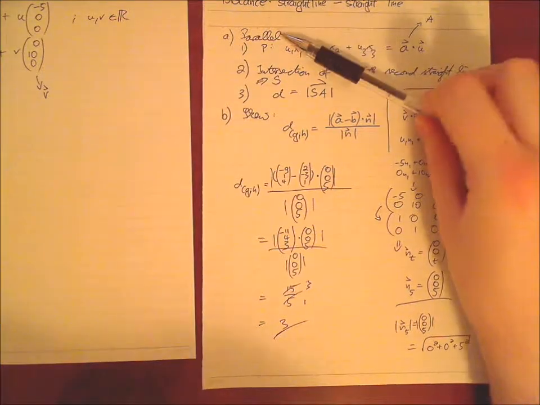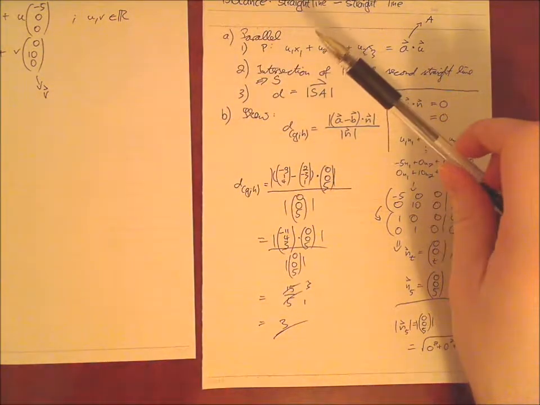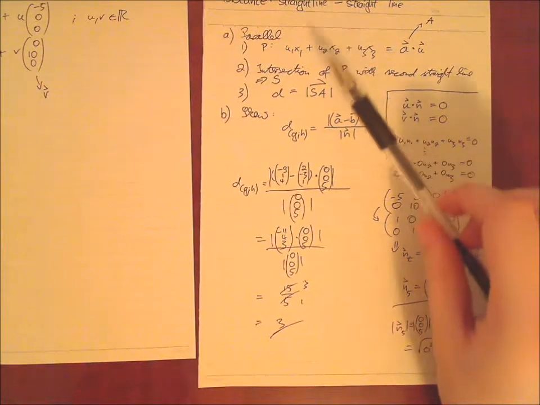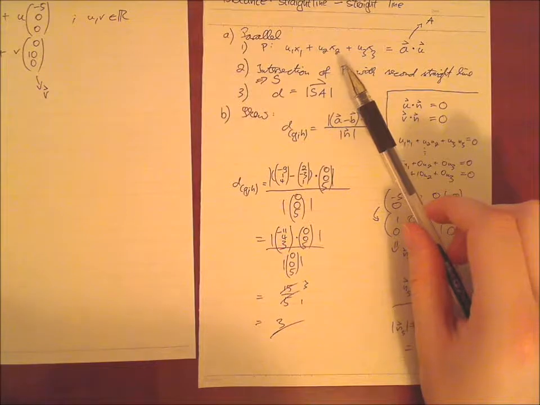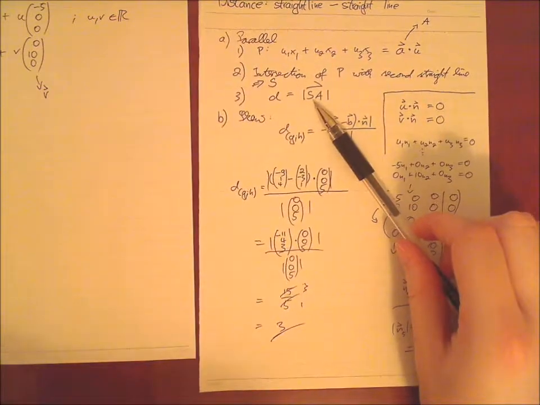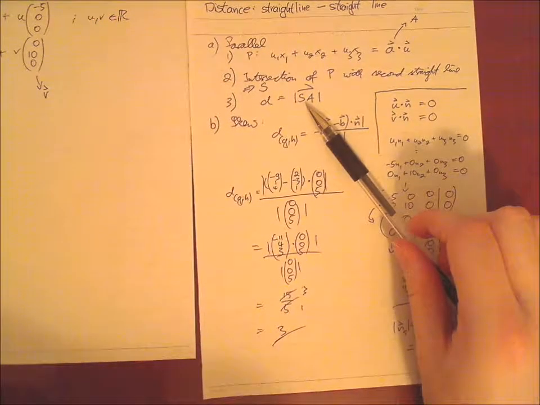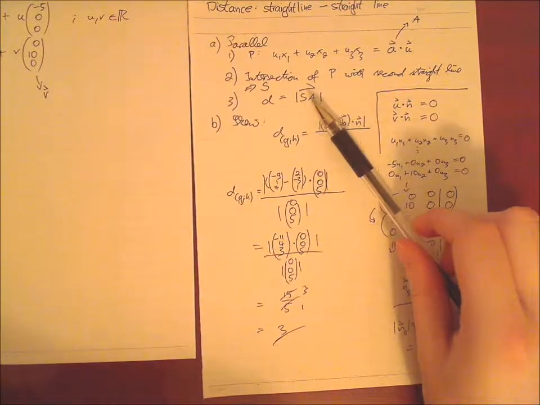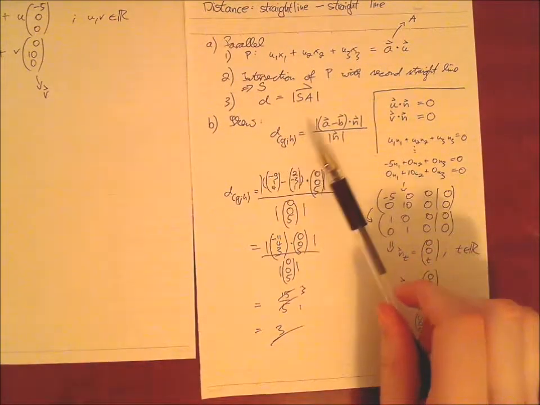So not too difficult, you just have to distinguish between two cases, parallel and skew. Parallel, you can visualize it. You have an auxiliary plane, and you calculate the intersection point between your auxiliary plane and the second straight line, and then you can calculate the connecting vector between the intersection point and the support vector of your first straight line, then take the amount, and you have the distance. When your two straight lines are skew, then you use the formula.